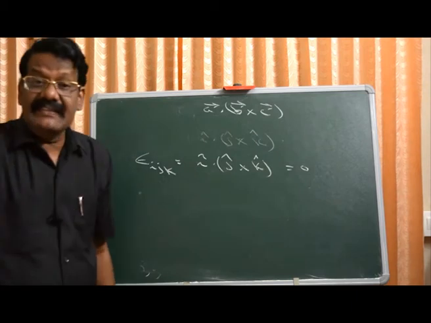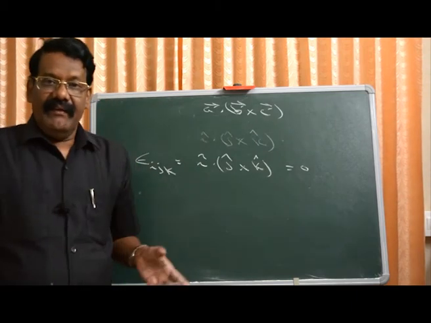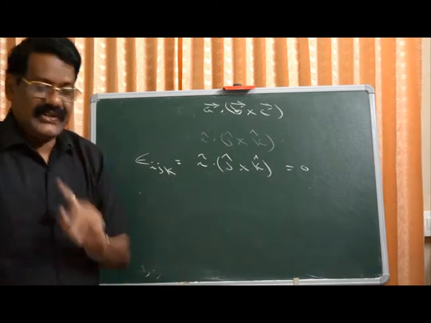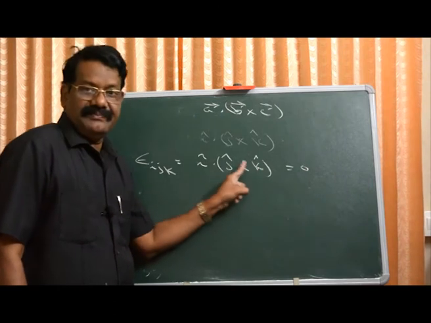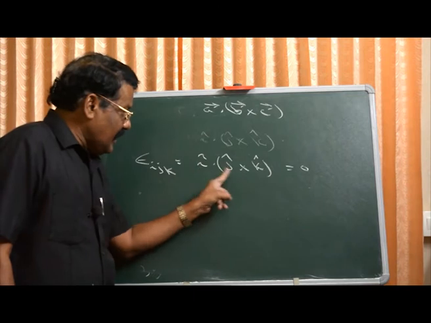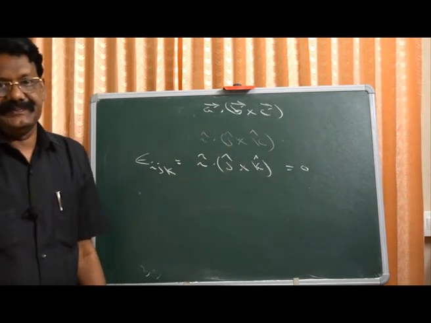So what is the Levi-Civita symbol? The Levi-Civita symbol is nothing but the scalar triple product of 3 unit vectors.